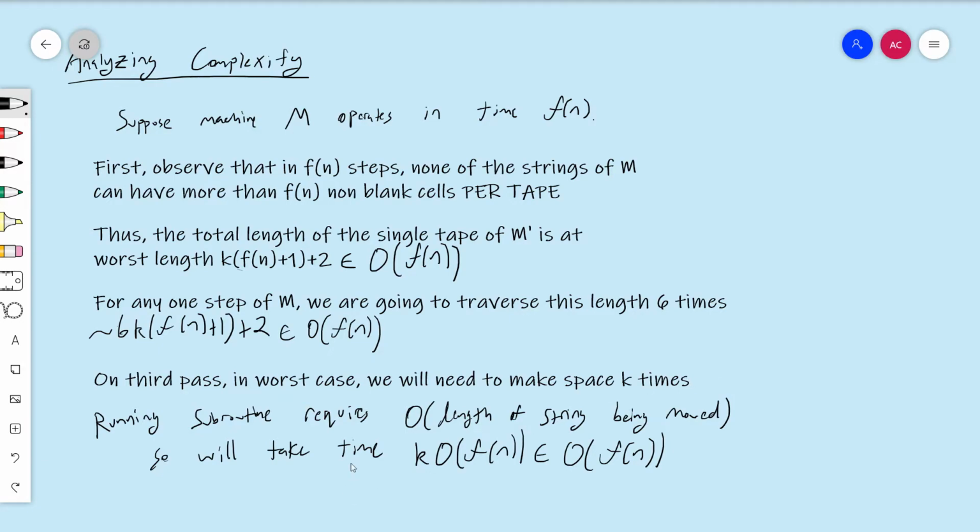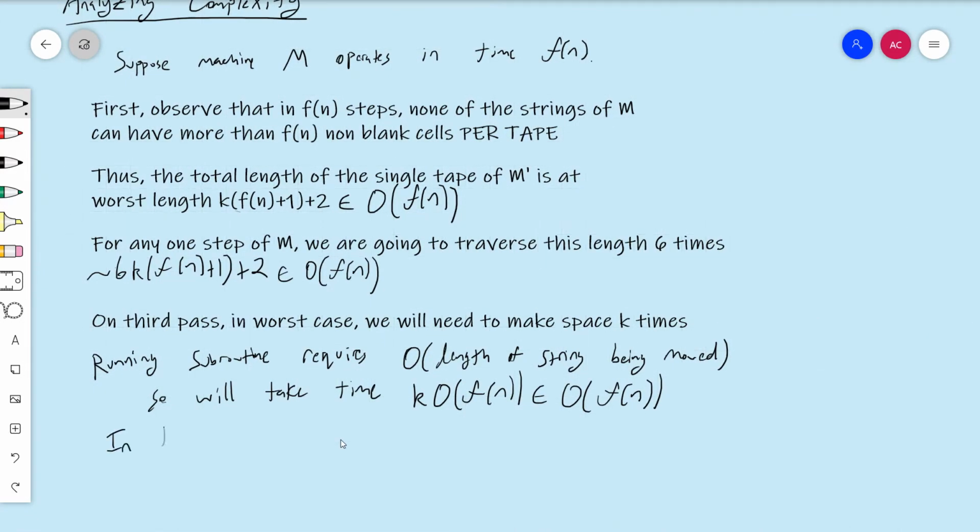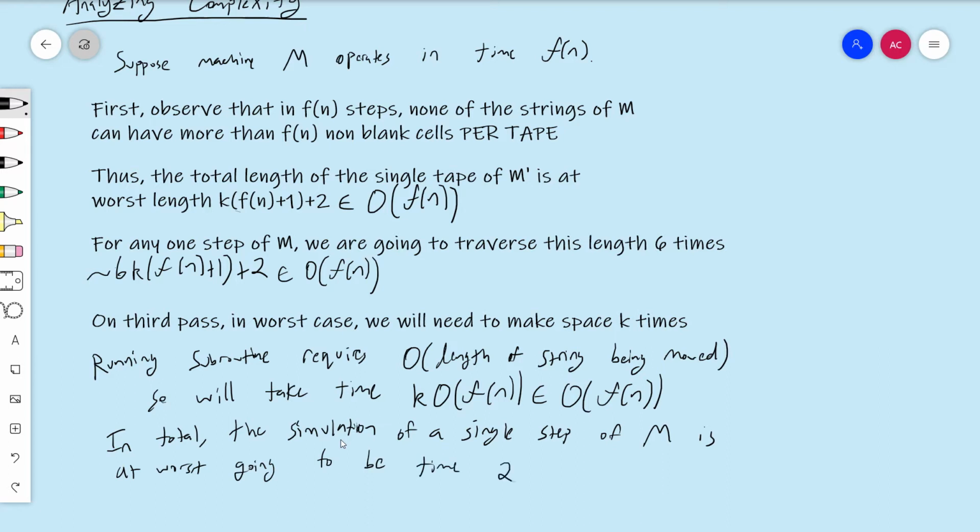So in total, the simulation of a single step of M is at worst going to take time 6k times f of n plus 1 plus 2, and then plus the k copies of O of f of n that are required to make the space.